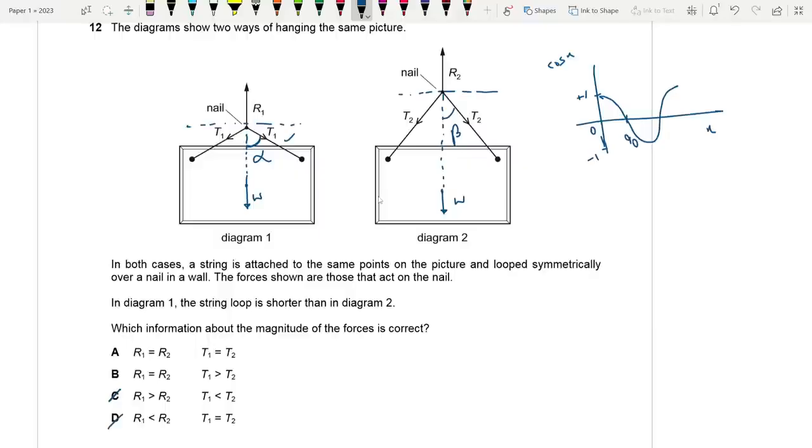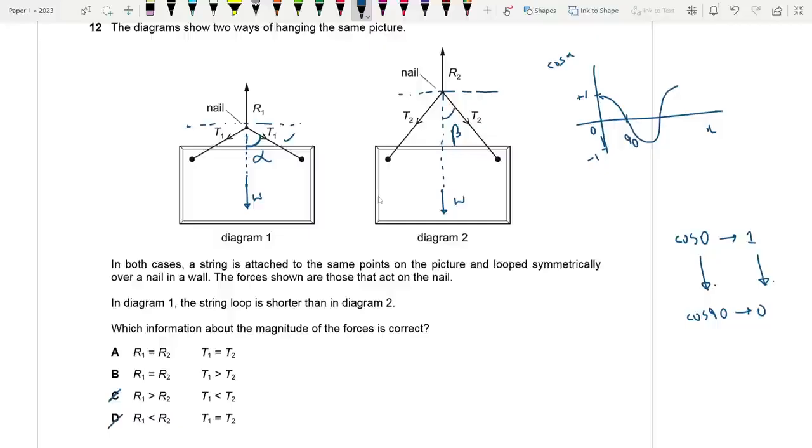Cos 0 is 1. You guys need to remember that. And cos 90 is 0, as you can see on the graph. So as you go from cos 0 to 90, you're going from 1 to 0.